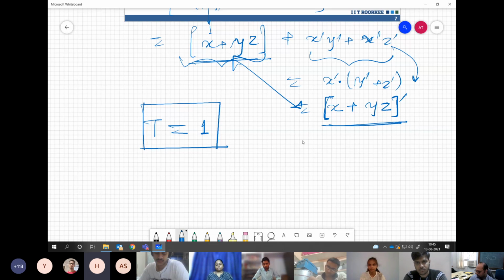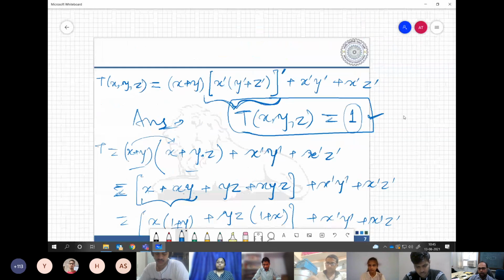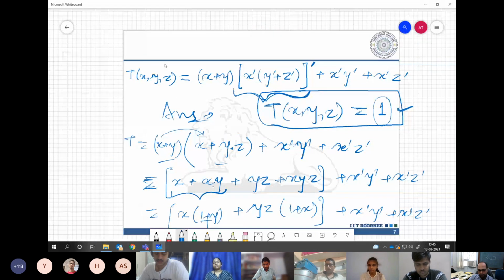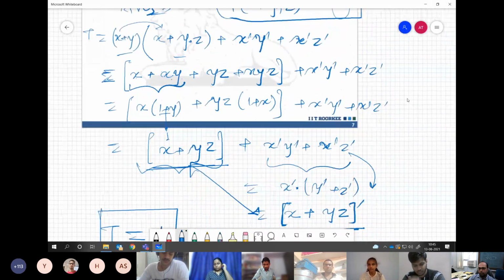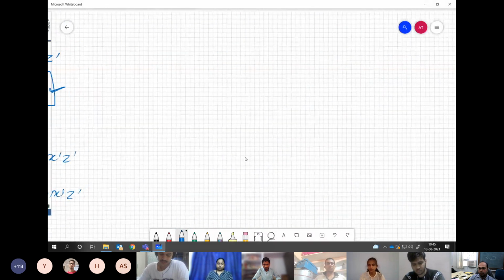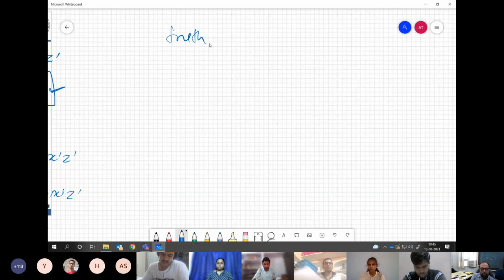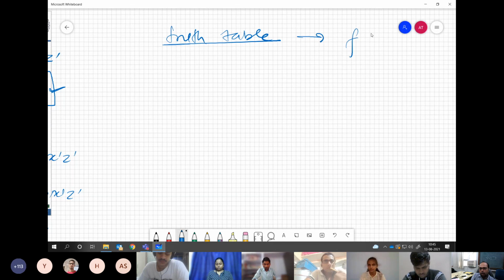Okay. So now we have understood some basic rules and we have also seen an example of how to simplify a complicated or bigger function. But we are yet to see how to represent, let's say, a truth table that is given in the form of a Boolean function or switching function.